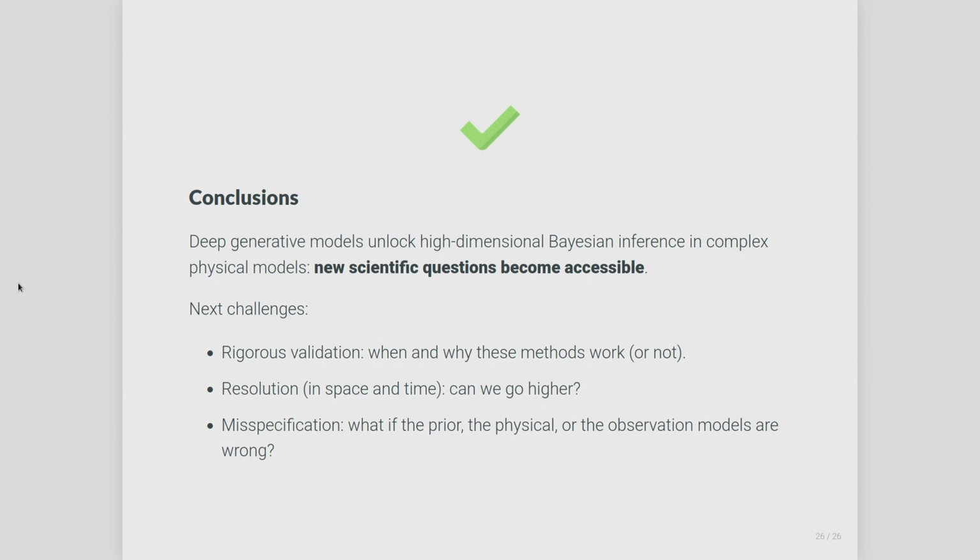The second is resolution: can we increase the resolution further and still solve the inverse problem? And finally, misspecification, which was also mentioned by Laurence yesterday. What if the prior, the physical model or the observation model are known to be wrong or incomplete? Can we also learn them? It's something which is still an open question.